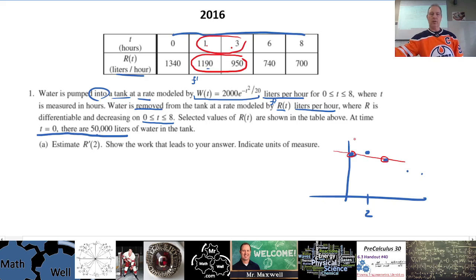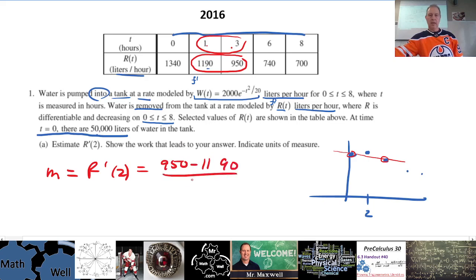So the slope here, which is going to be R prime of 2, is going to be 950 minus 1190 over 3 minus 1. And that should give you negative 120. So 240 over 2.